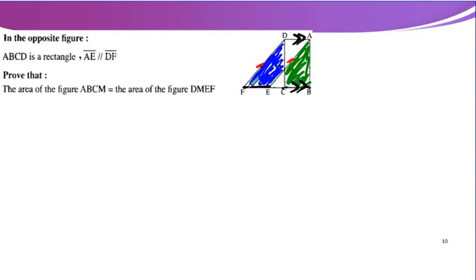So EF also is parallel to DA, and we have AE parallel to DF given. Then AEFD is a parallelogram. First, I want to prove that the shape AEFD is a parallelogram. How? Be with me.